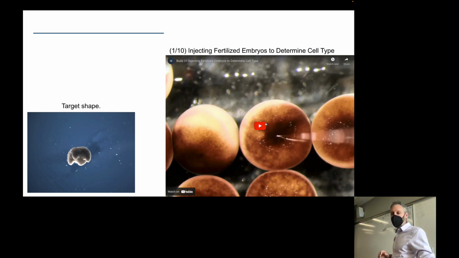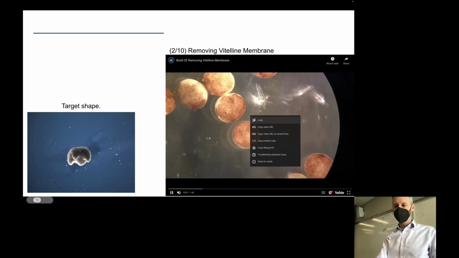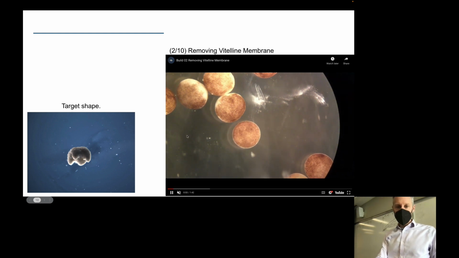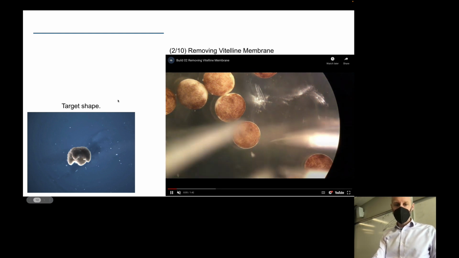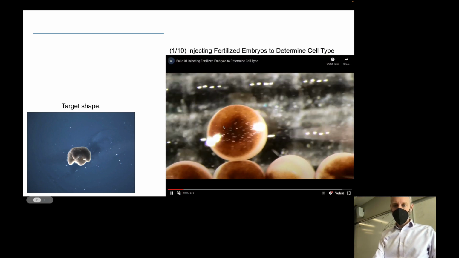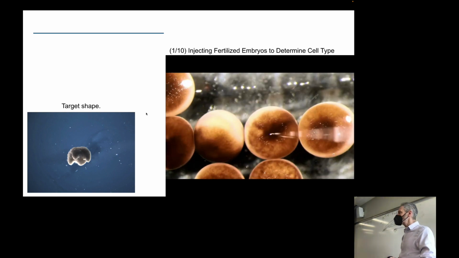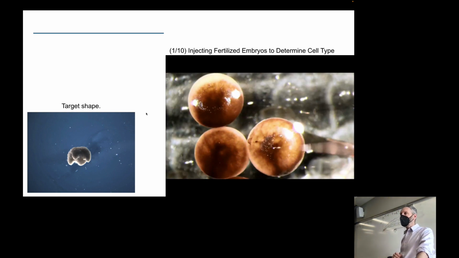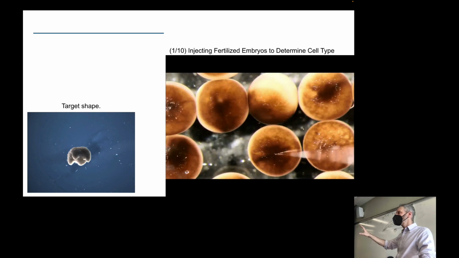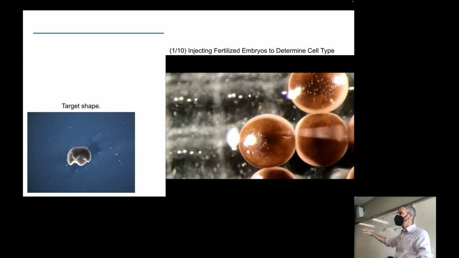So what you're seeing here are fertilized early frog embryos. As you can see, they're basically frog eggs. He's injecting a small amount of reporter protein, which is going to light up and allow Doug to identify the different cell types that he's after.